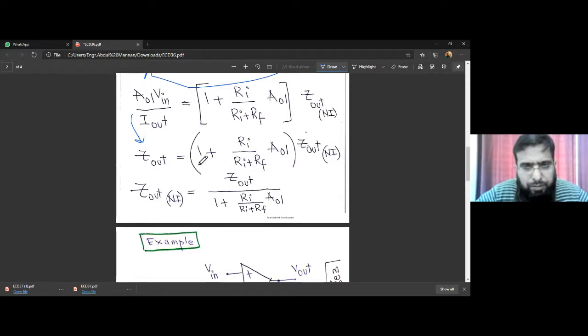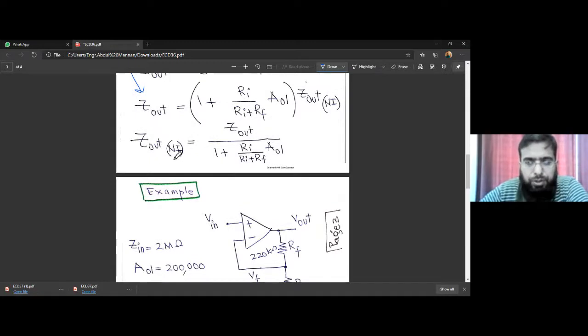The output voltage without feedback divided by the current without feedback gives us Z_out without feedback for the operational amplifier. So the expression on the right hand side remains the same, except we divide the left hand side with this whole ratio, which gives you the Z_out of the non-inverting amplifier. This is Z_out over 1 plus something like this. So it gives us an idea about the Z_out of the non-inverting amplifier.